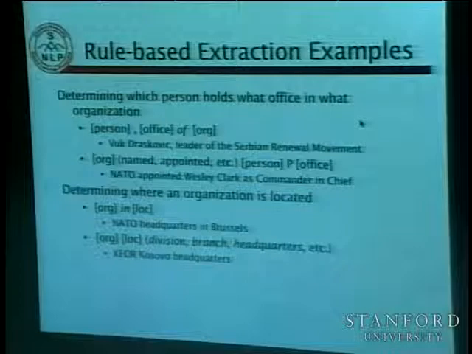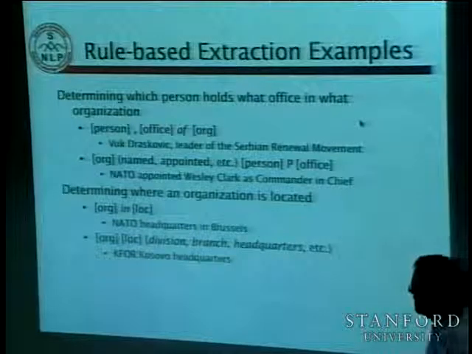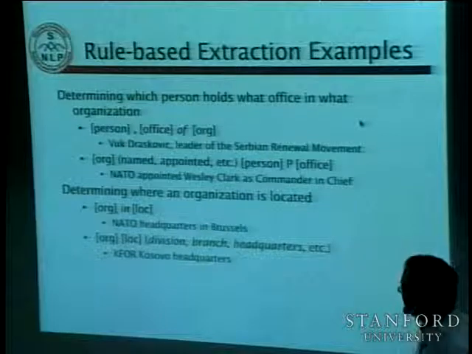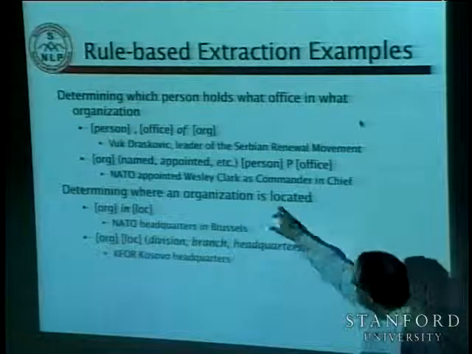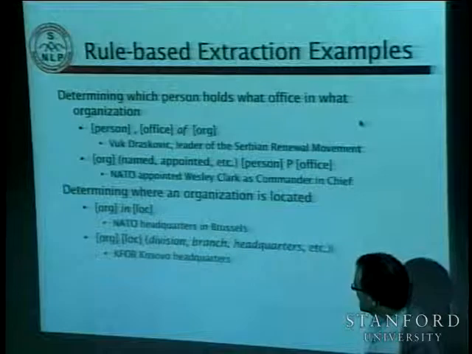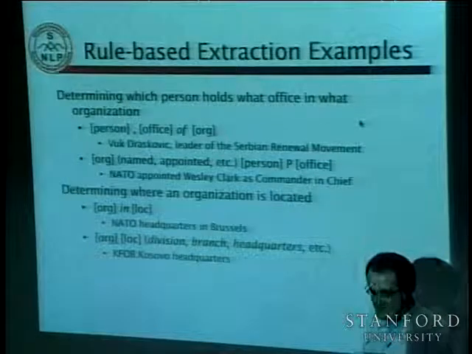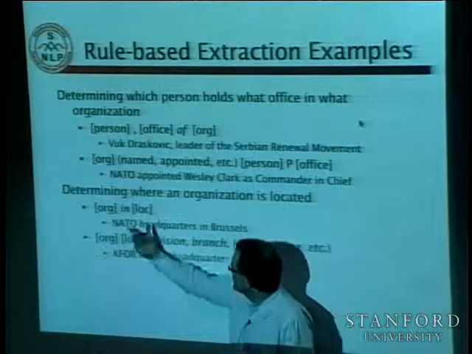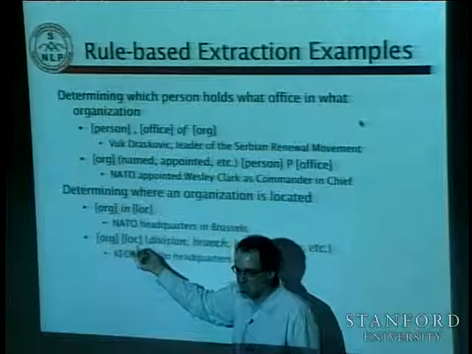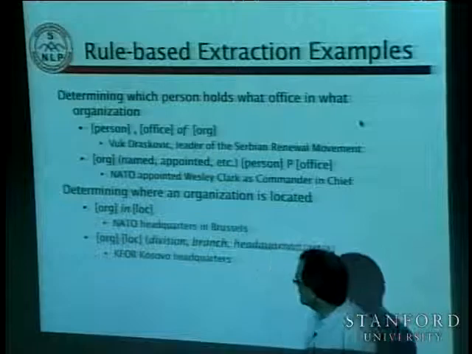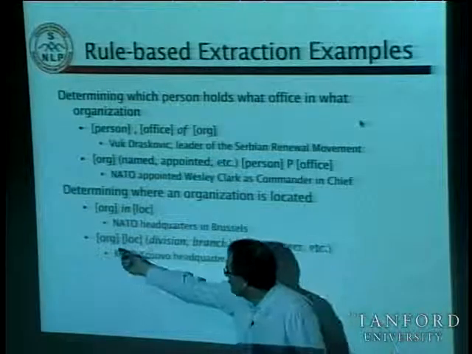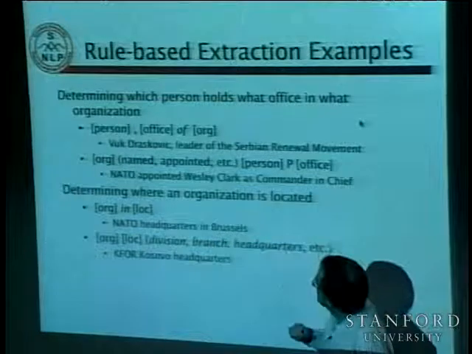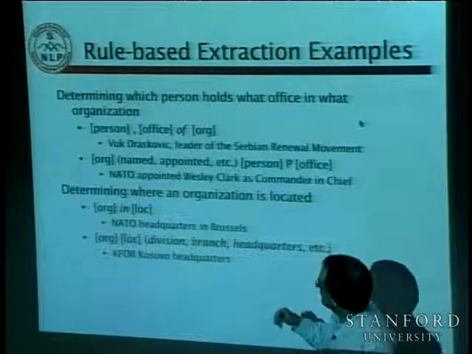Okay, and so these are the kinds of patterns that you can write, and there's some other work that I won't talk about that's then gone on to learn these kinds of patterns. So if the relation that you want to extract is where is an organization located, if you can match organizations and locations, you can then write patterns that are kind of higher level regular expressions. So org in location, or org followed by location, and then a word like division, branch, or headquarters, that will work fairly well.